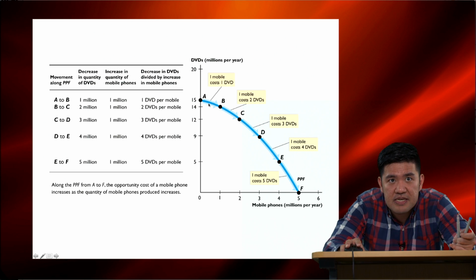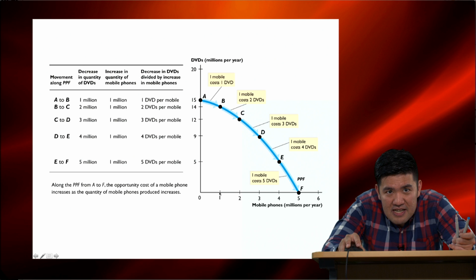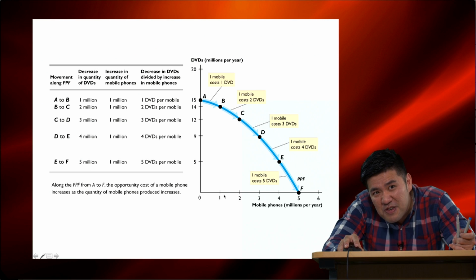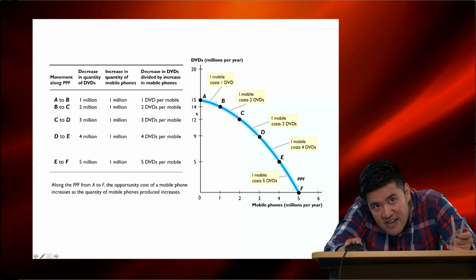See, A to B, that is to say, to get one more mobile phone, you are giving up one DVD. 15 to 14. Okay. If you want to gain one more unit of mobile phone, 1 to 2, see, now you are giving up how many, guys? You're giving up 2. 14 goes down to 12.